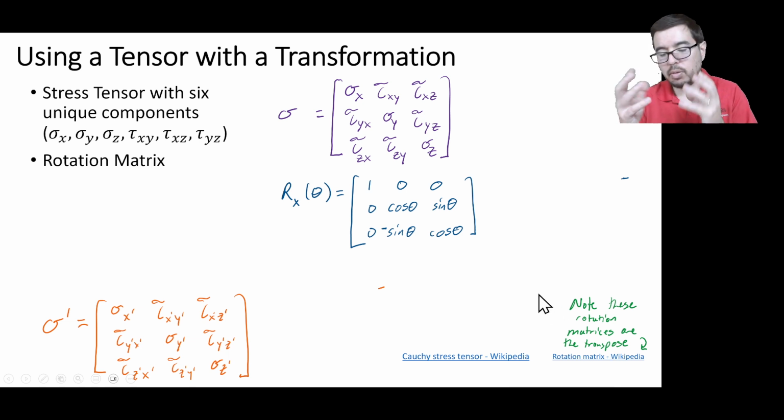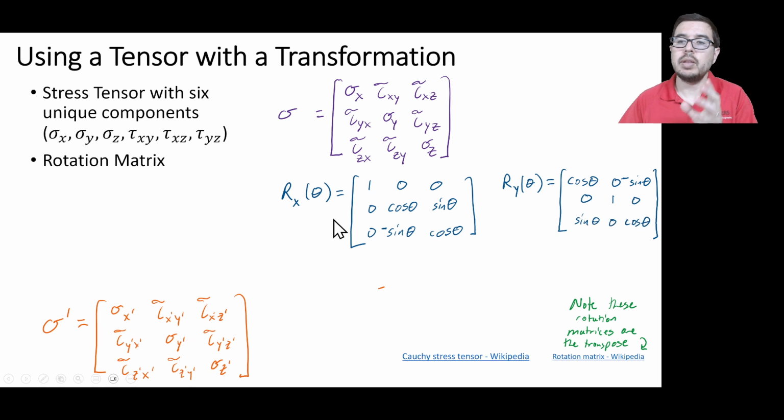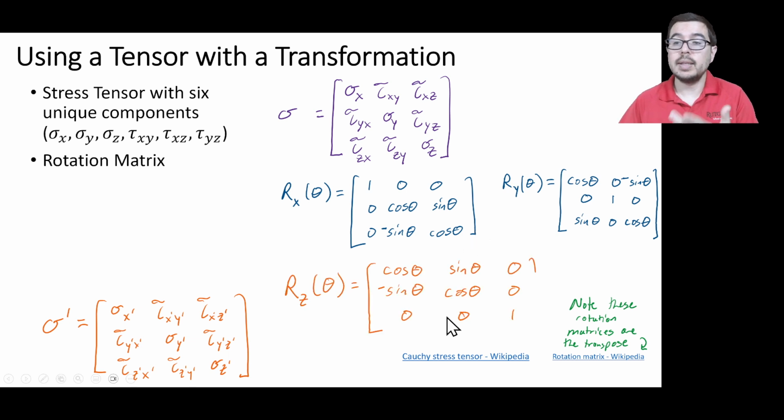So it's whether you're rotating a vector or you're rotating a coordinate system. We won't go into those details here, but these rotation matrices can be written for rotations about, say, the x-axis, the y-axis, or the z-axis.